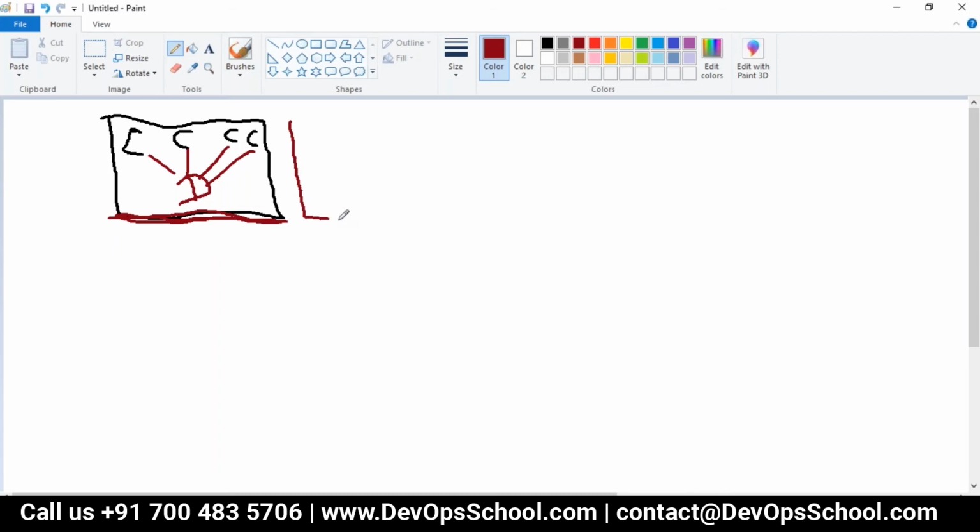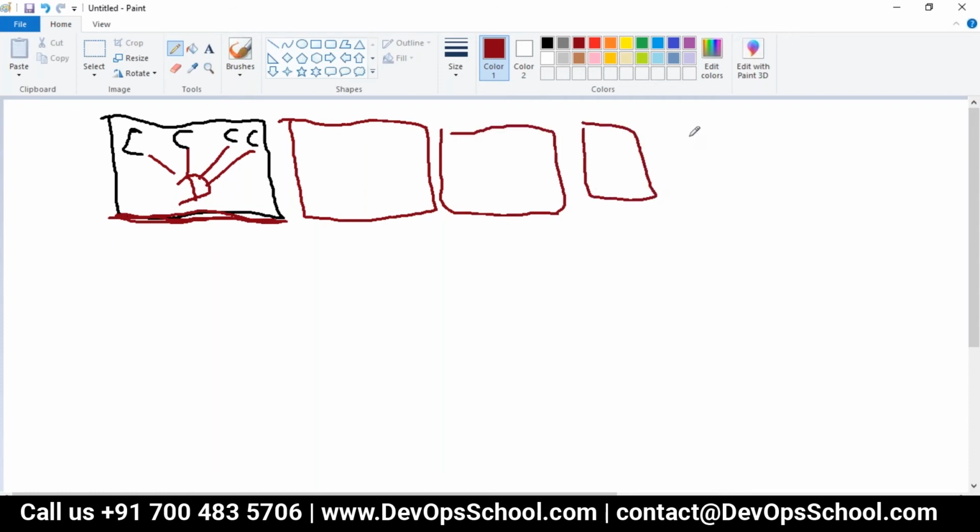So you are going to add more nodes, correct? 1 node, 2 nodes, 3 nodes, 20 nodes, 30 nodes, 40 nodes. This will continue growing. Here you have a Docker, here you also have Docker, here also you have Docker, and each will manage containers. This is how you grow.